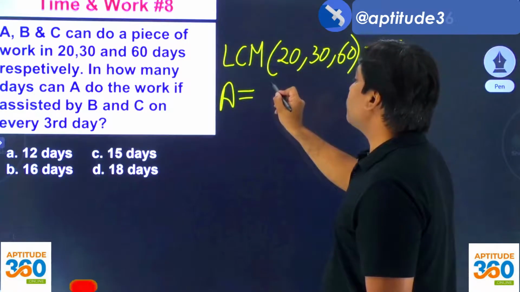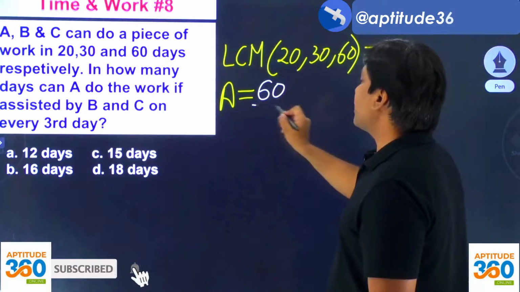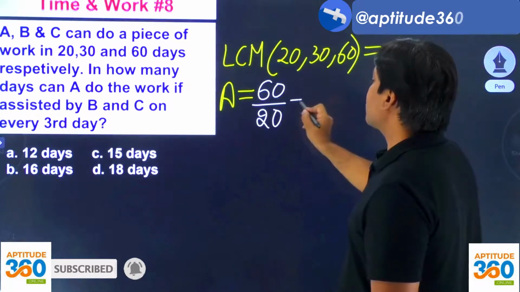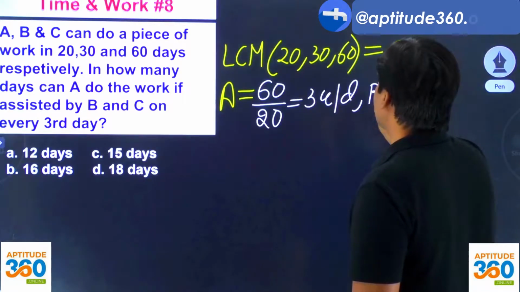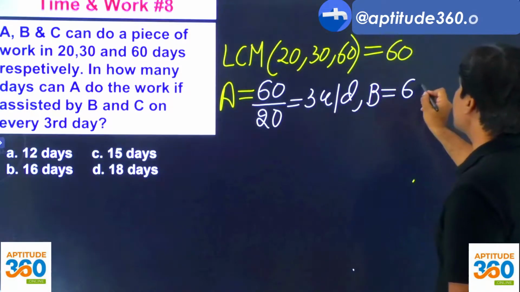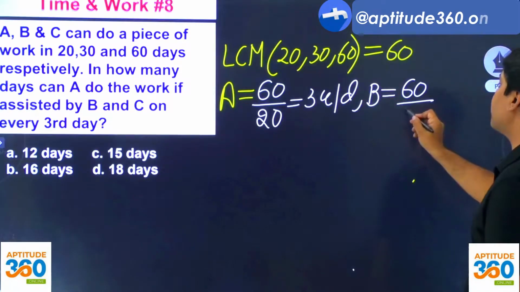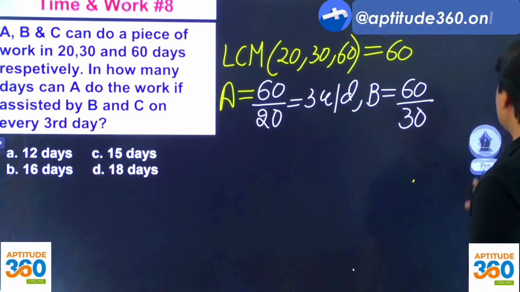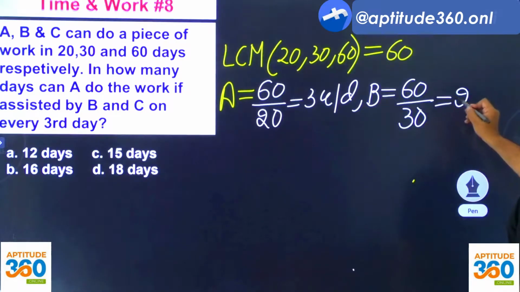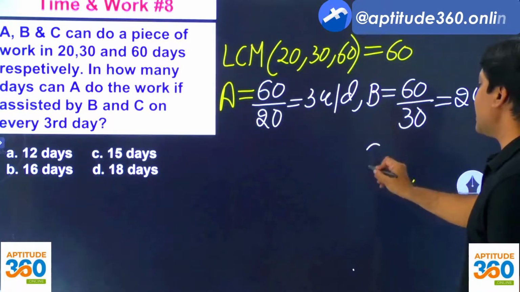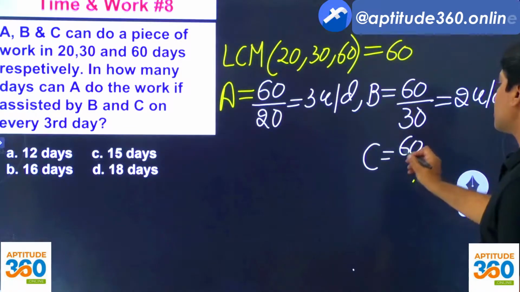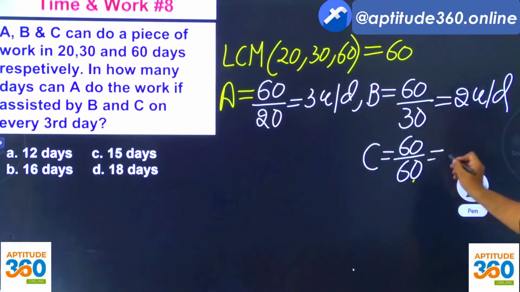So per day work is going to be 60 divided by 20, which is 3 units a day. How about B? B does this 60 units in 30 days. So B is completing 2 units a day. Whereas in the case of C, 60 upon 60, it is coming out as 1 unit a day.